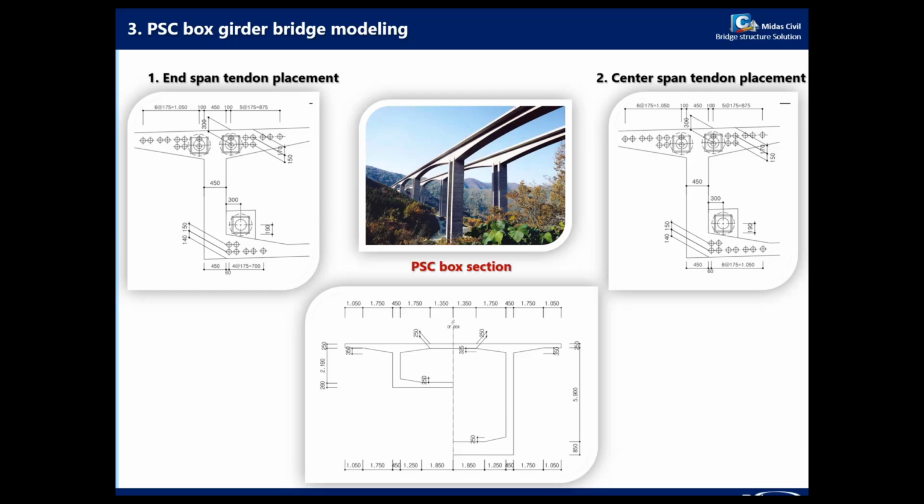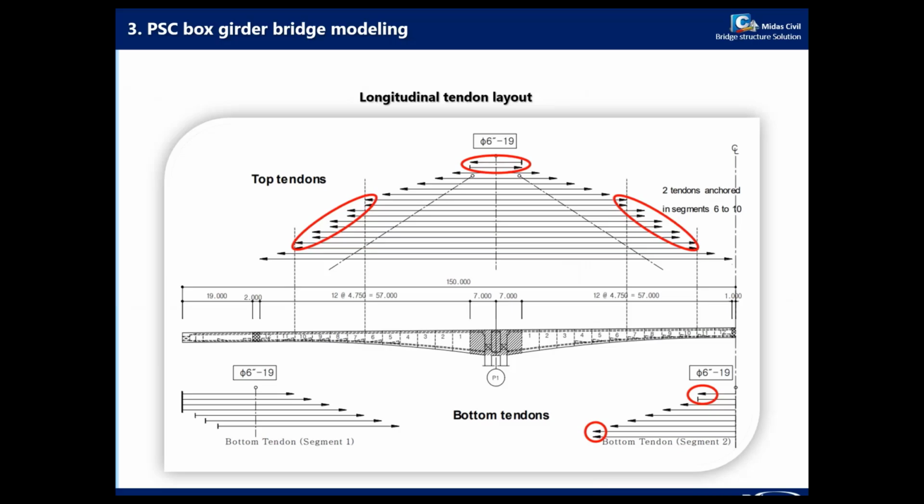That curve is a second order curve that Midas will automatically generate to make the tapered segment. So it's really fast and automatic. We are going to see it when we make the model.